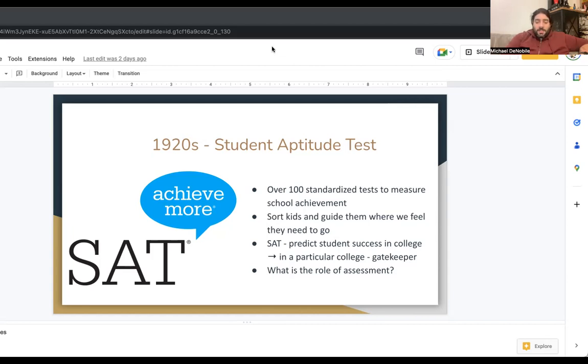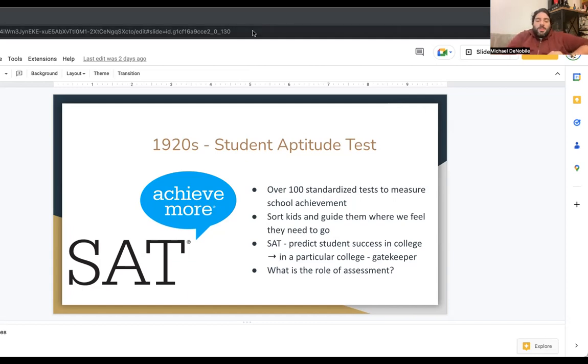This was to predict success in college, maybe even in a particular college, and it became a gatekeeper measure in terms of making sure we have the right students going to the right colleges, and making sure that a student of lower aptitude, I'm going to use that word instead of intelligence, a student of lower aptitude who would be proven not to be able to be successful in college doesn't go to your Ivy League schools, because with your Ivy League schools, you just want your best and brightest to go there.